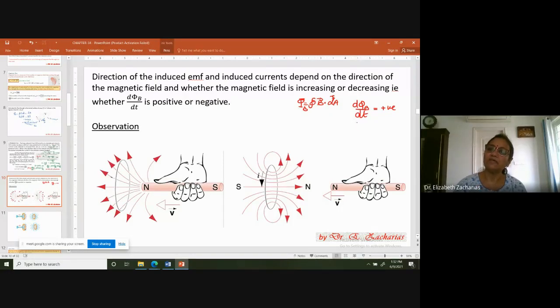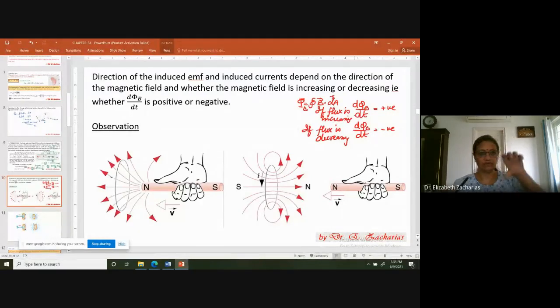Similarly, if the flux is decreasing, then dΦ/dt is negative. This is if flux is decreasing, and this is if flux is increasing.